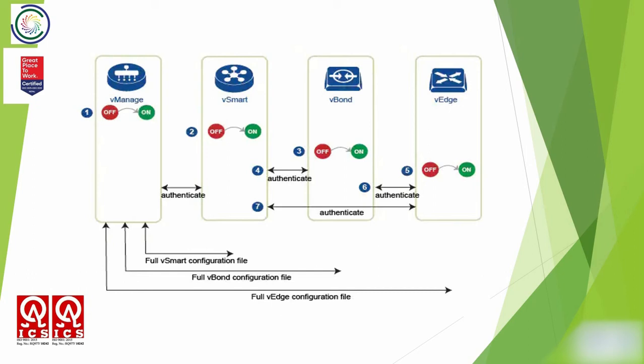Now we can push the configuration for the vSmart, vBond and vEdge from the vManage. The vEdge device will form a control connection with the vSmart. It will also learn the routes from the vSmart. vEdge devices learn about the information of other vEdge devices with the help of vSmart.